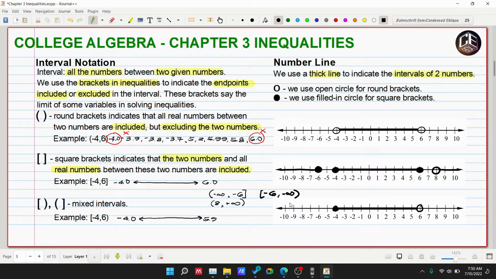Mali to, hindi ba? Mula rito sa negative 6, andito siya di ba? So dapat ang negative infinity andito sa left side ng negative 6. So ganun ang tamang paggamit ng interval notation and number line.